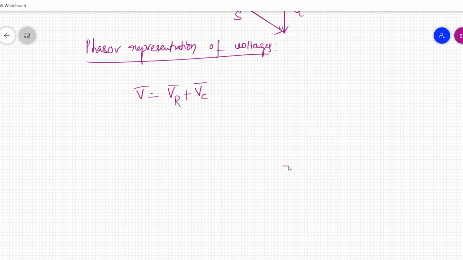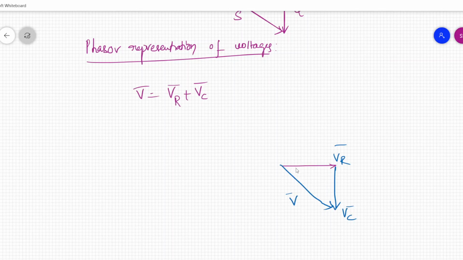Here this is VR, the resistor voltage, this is VC, the capacitor voltage, and the sum will be the supply voltage. Capacitor voltage is lagging, right? So that will be below this line like this. This is VC, this is VR, and the sum of these two vectors will be our supply voltage V.